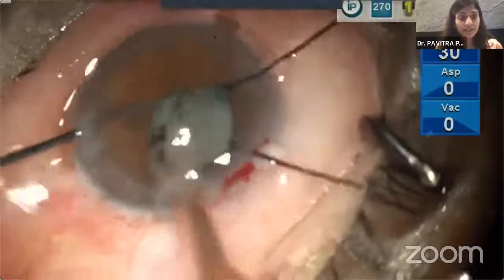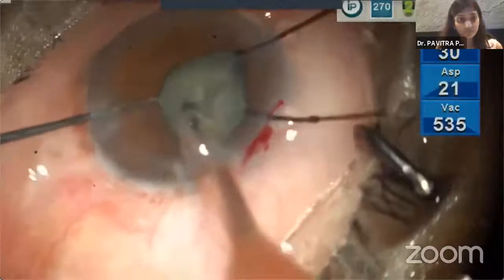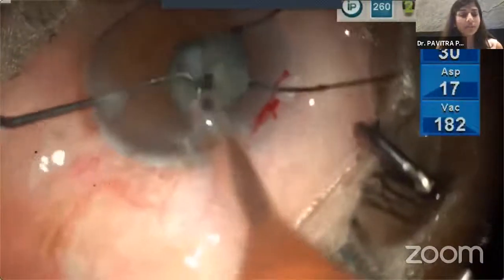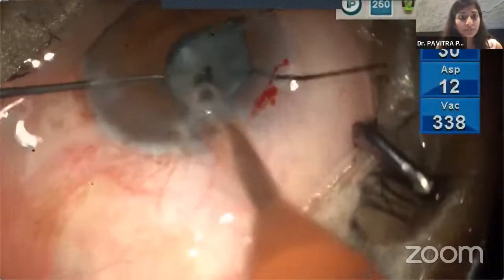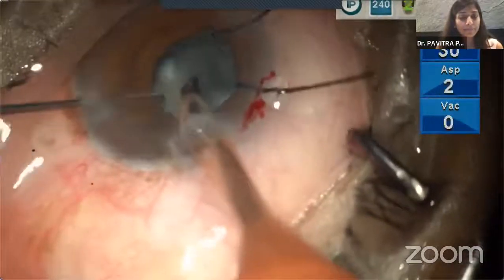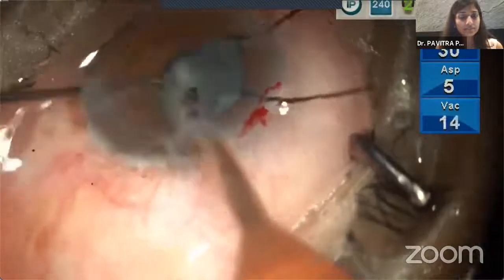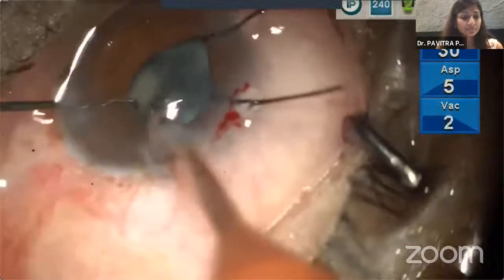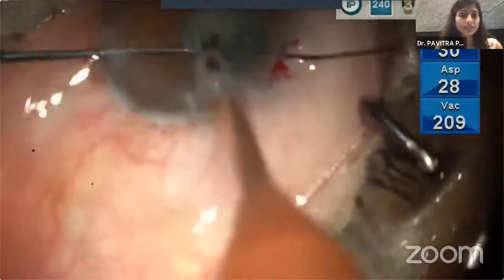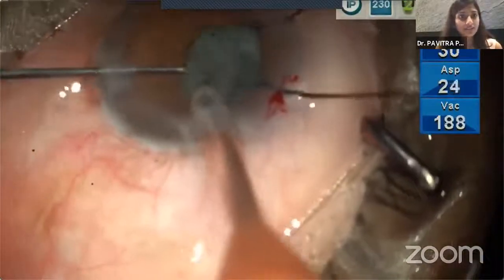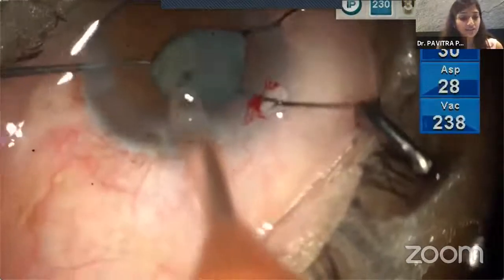This was all done by keeping the IOP as low as 30 millimeters of mercury. It was difficult, but somehow I managed to remove the nuclear pieces. Now again here, as we are seeing, the pupil is getting constricted.